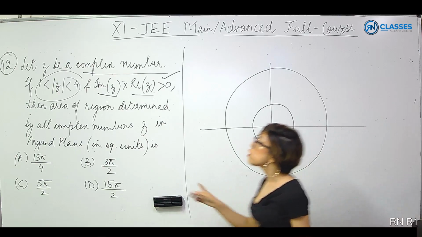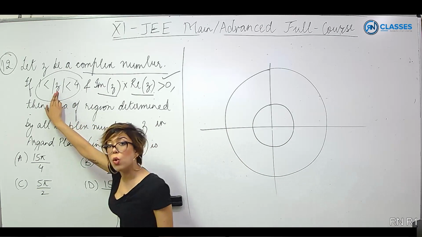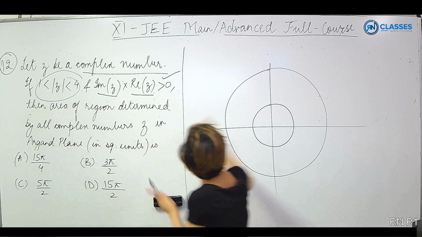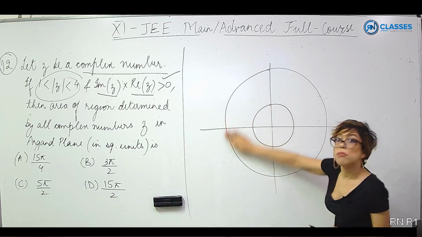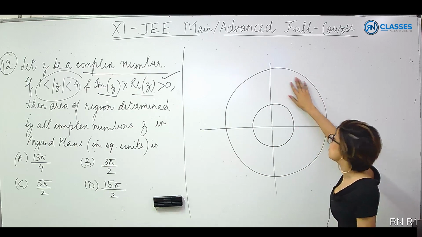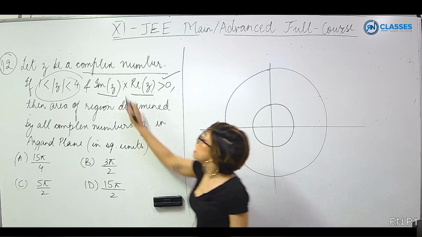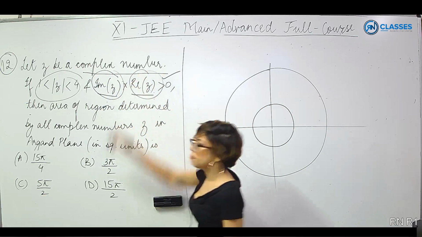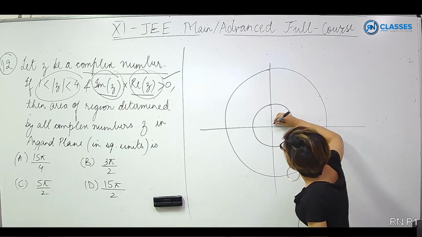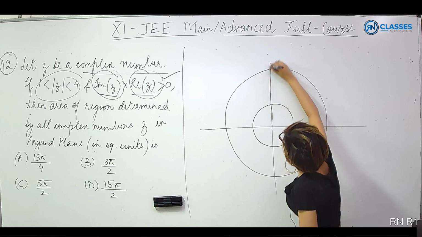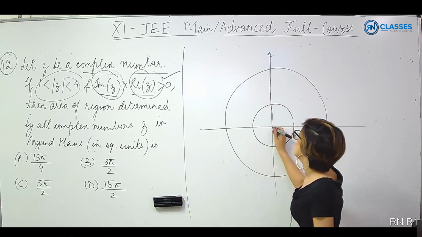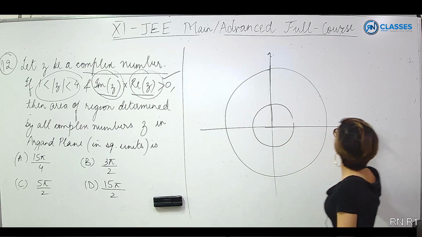Now he says all those complex numbers whose distance from 0 is between 1 and 4. So that means all of these, distance greater than 1 and less than 4, so this region. But he says imaginary part of z into real part of z. The imaginary part is on the imaginary axis and the real part is on the real axis.